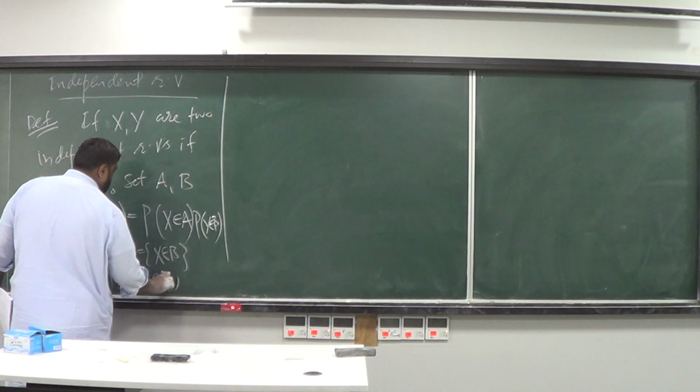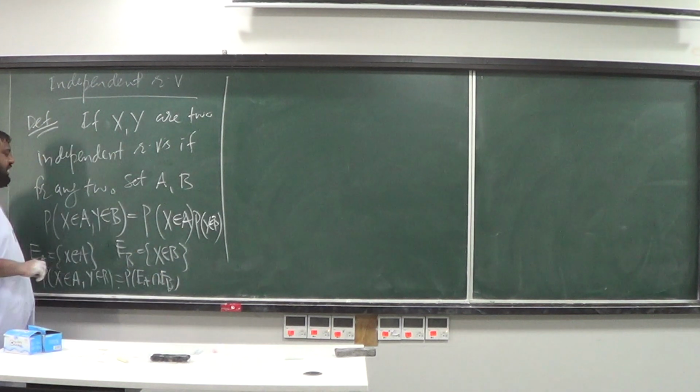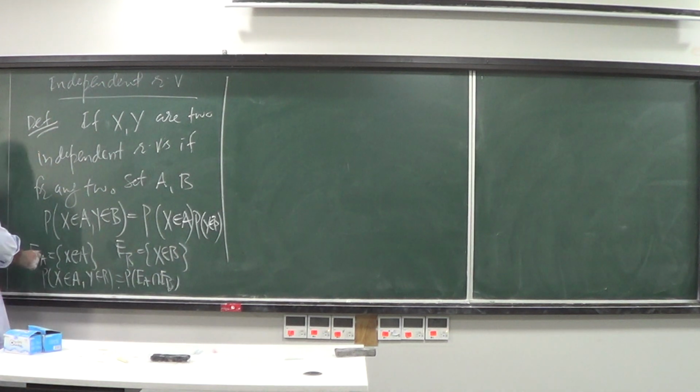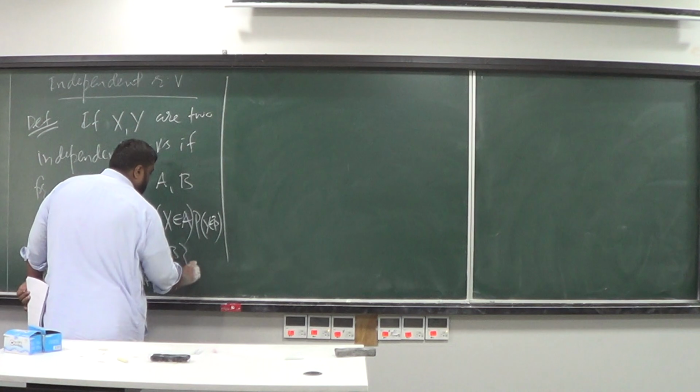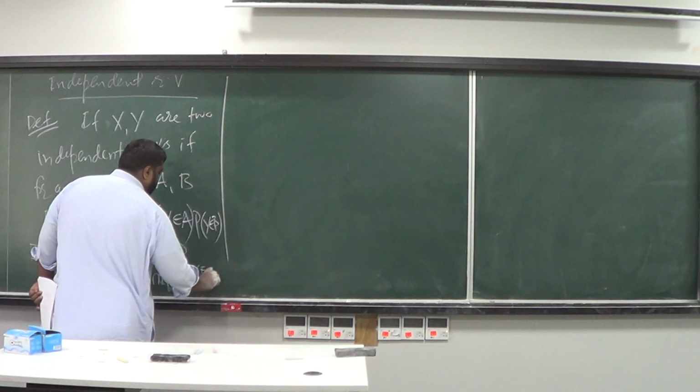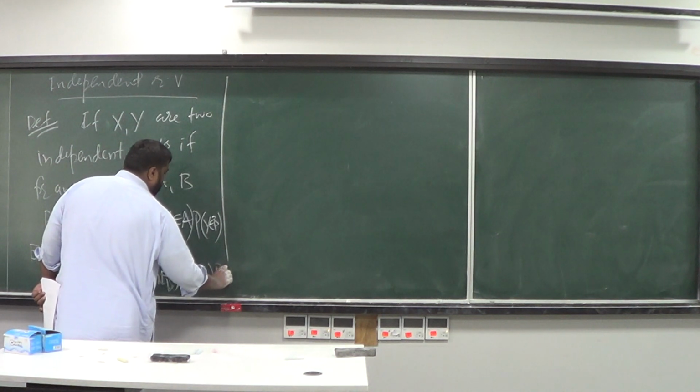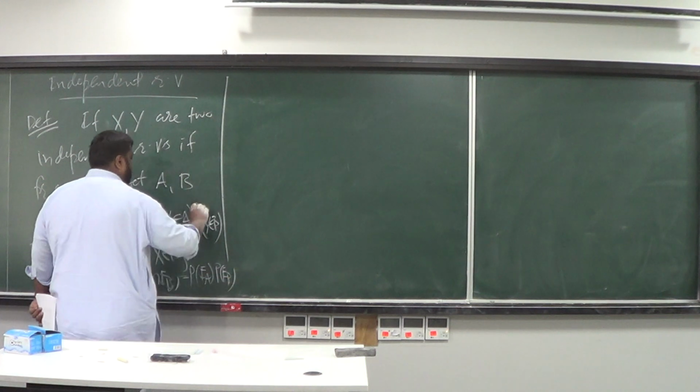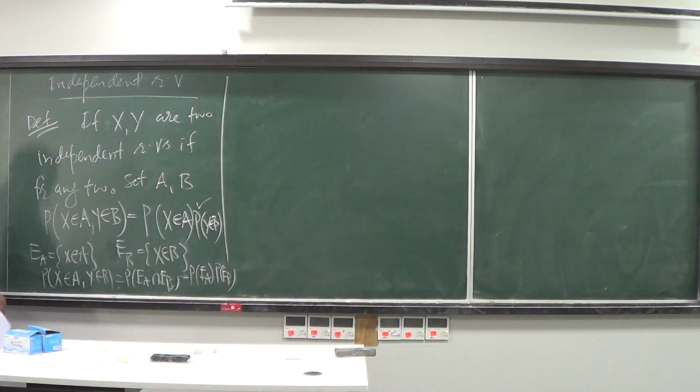And if two random variables are independent, then these EA and EB events should always be independent actually. So in other words, this should be equal to the probability of EA times the probability of EB, which is the same as this. Okay, which is the same as this.